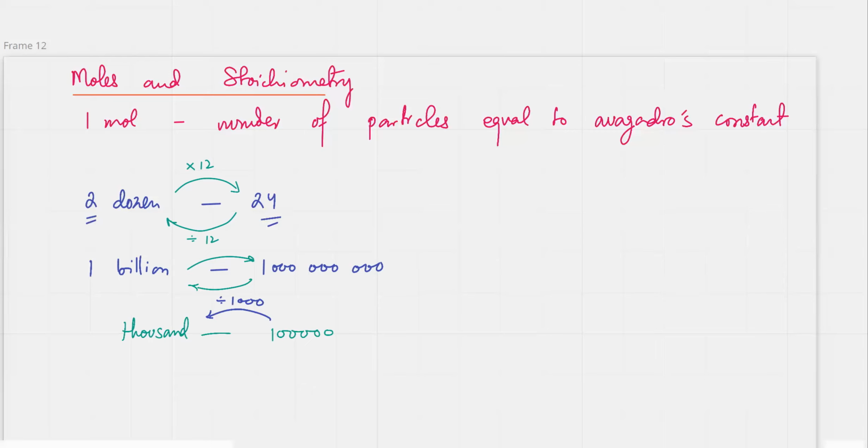I'm going to divide it by 1000, the unit. That will give me 100. So this is 100,000. If I want to go back, I'll multiply it by 1000.